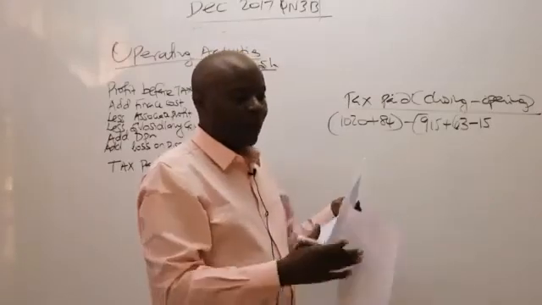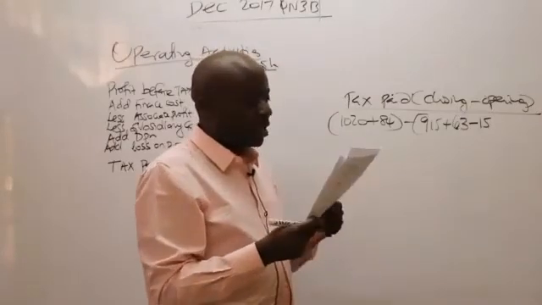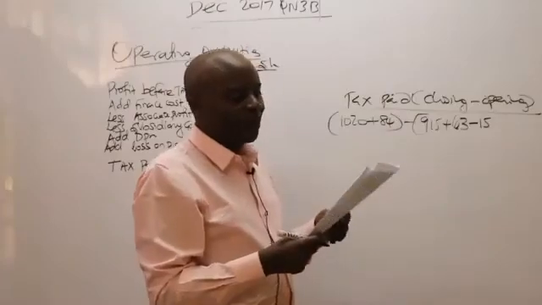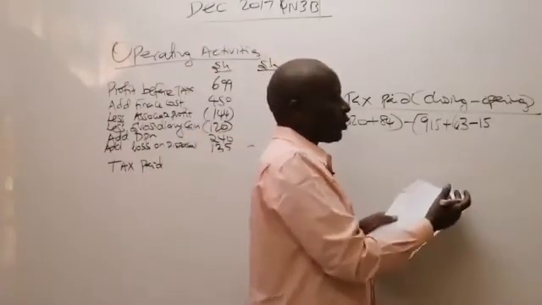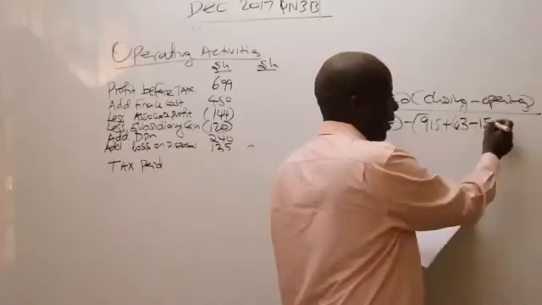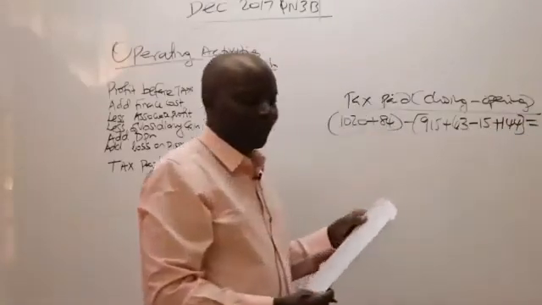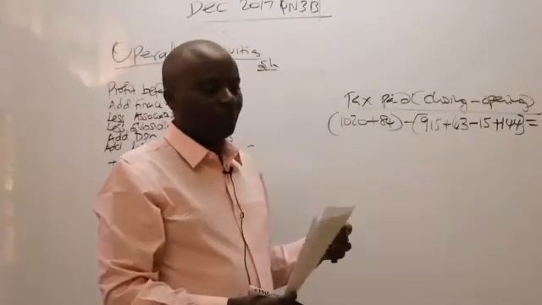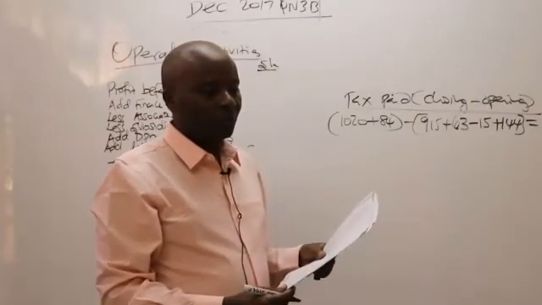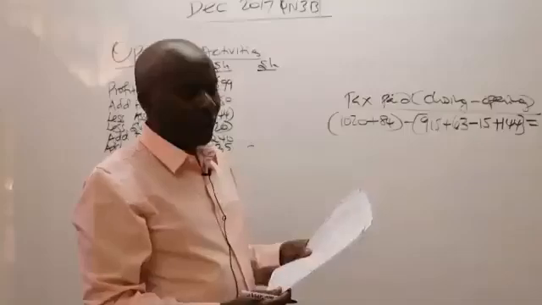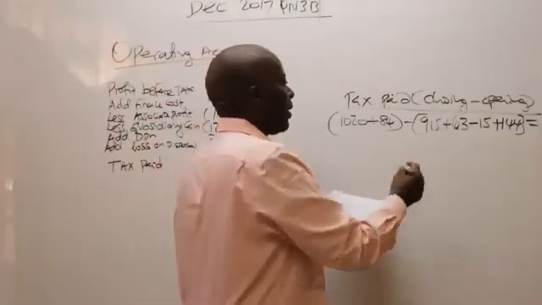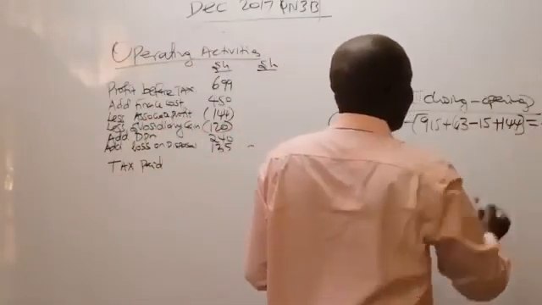Tax for the year was how much? Tax for the year was 144. So of course this is increasing this opening, so plus 144. Tell me what the final answer will be, somebody. The final answer will be negative what? Negative 3.